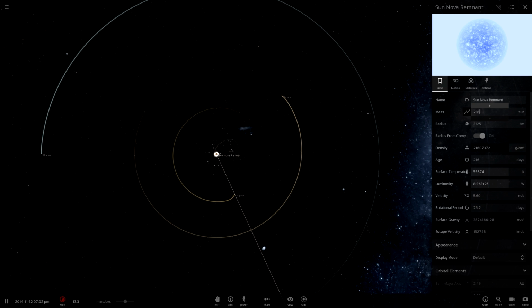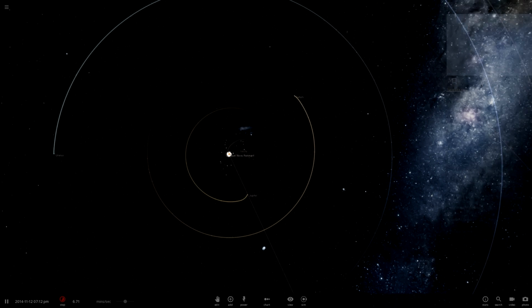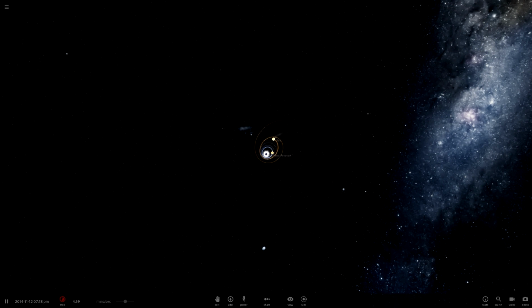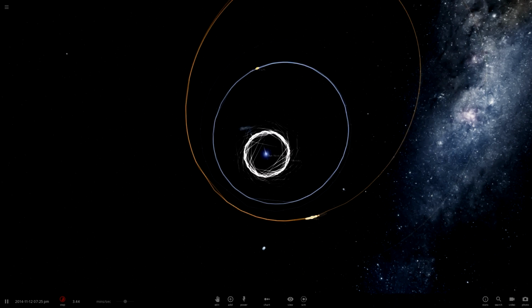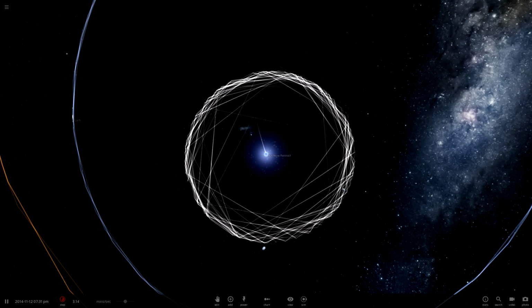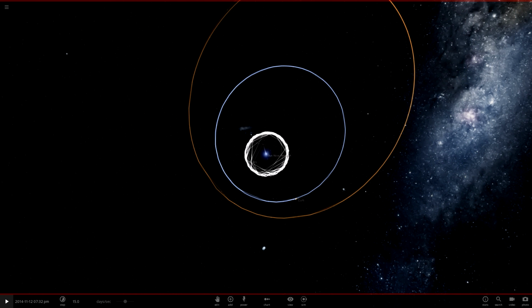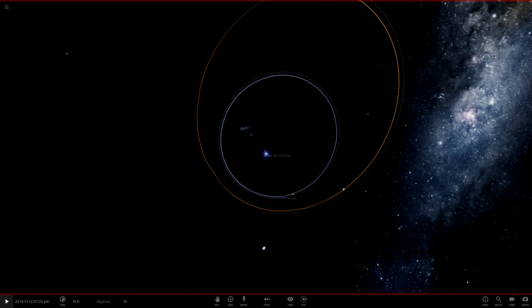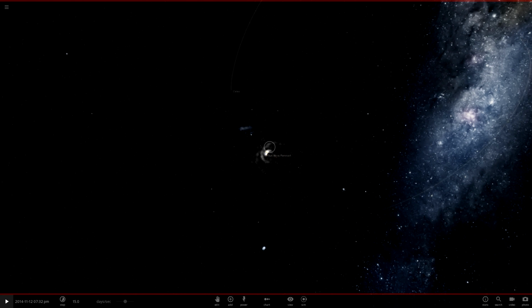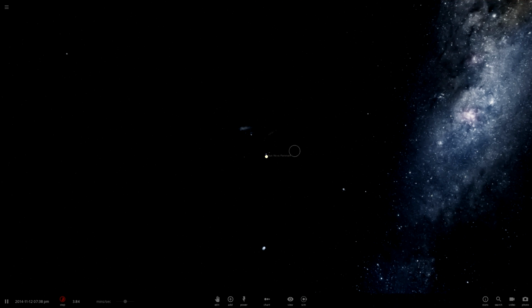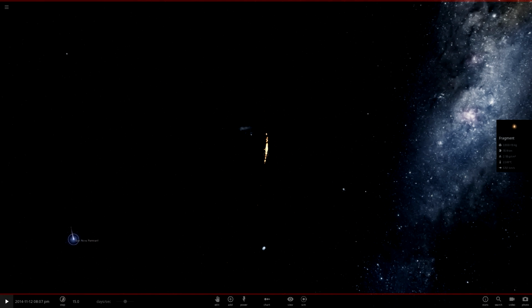Oh no. We appear to have hit critical lag. Which could be solved by just deleting the inner planets, because they're the ones causing the trouble here. Oh god, where'd the sun go? There it is.